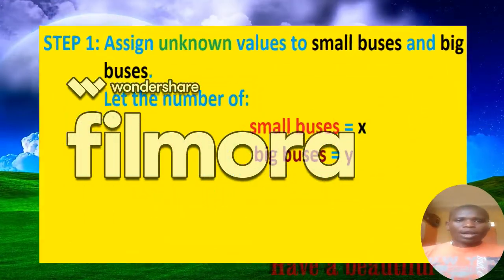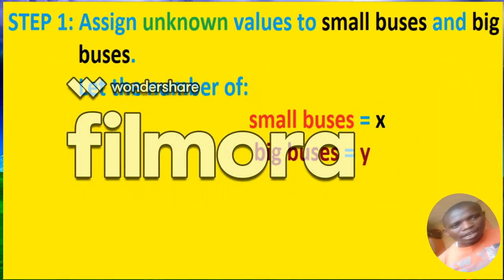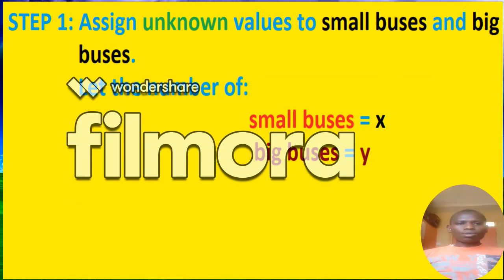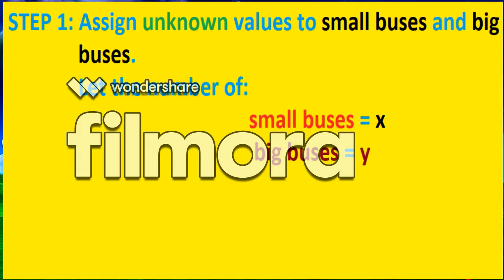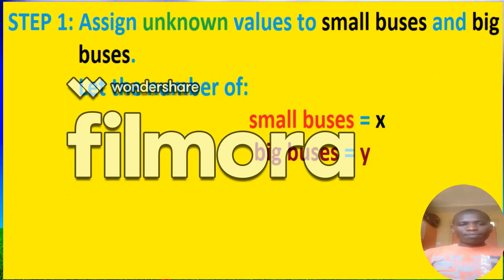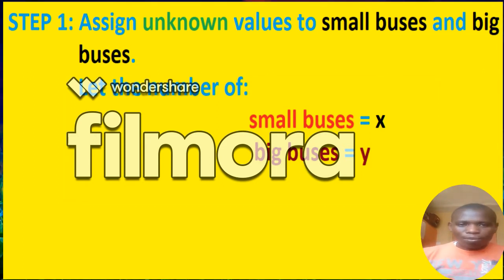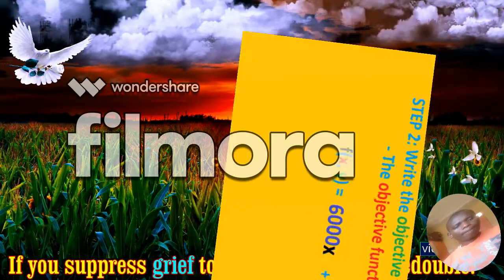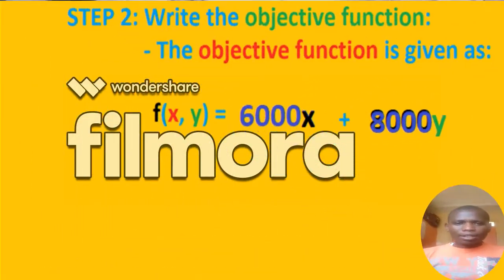Welcome to step 1. Let us assign unknown values to the two entities given in this statement. So let the number of small buses be X and the number of big buses be Y. And that is step 1. Step 2, write the objective function for the statement.